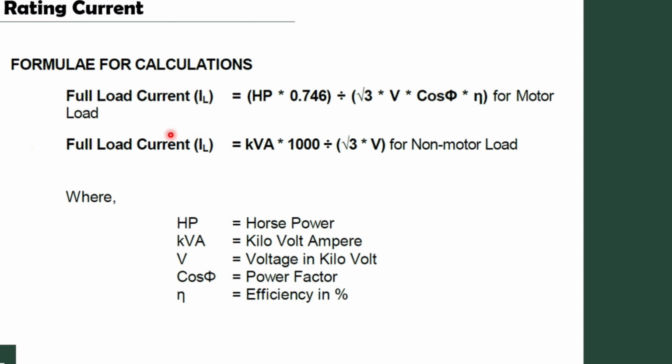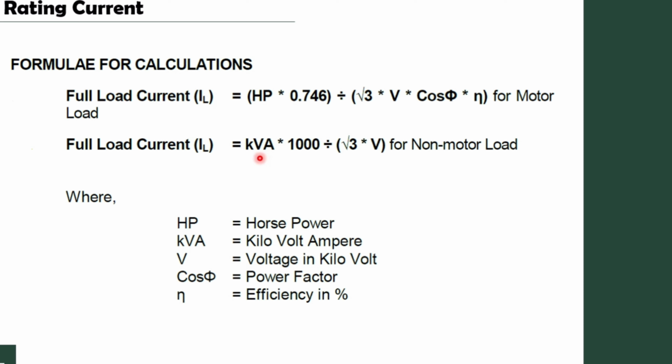And here also for non-motor load I will use this equation. Full load current equals kVA, S, multiplied by 1000 because it is kVA. For example, I can say 1.6 kVA or 5600 volt ampere.